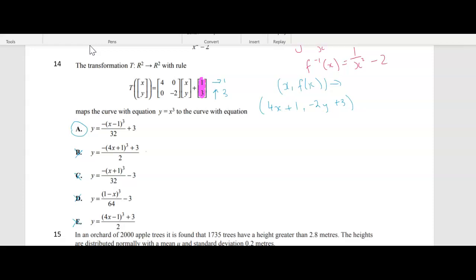So if we were looking at this one here, the 4x plus 1, the 4 needs to come outside the brackets. So that means your translation was 1/4. So that's why we could cross off B and D. Obviously, that just leaves us with A.